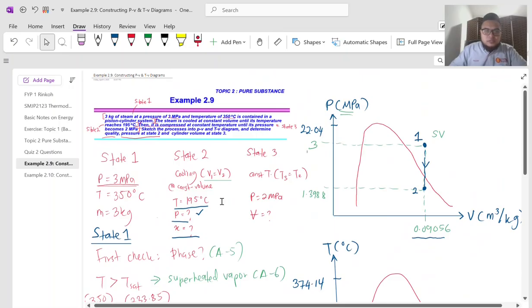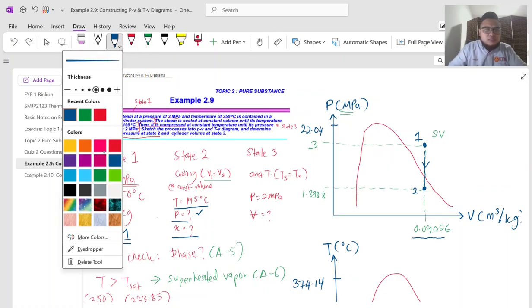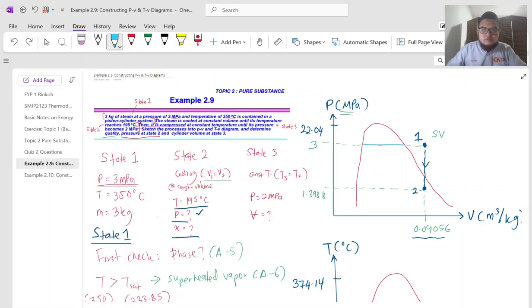Moving to state 3. Let me complete this PV diagram by drawing the isotherms. I'm going to draw the isotherms using a different color now. Let me use blue. So let me start with this line first. The way we draw isotherms in a PV diagram is that it always goes from the top at the left side towards the bottom on the right side.